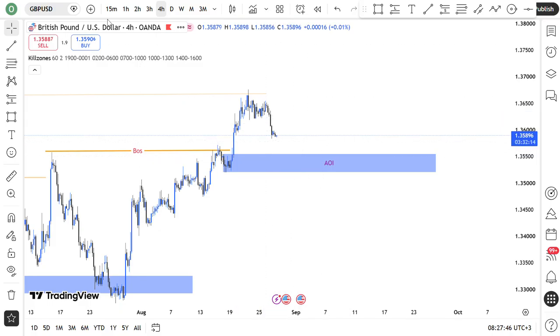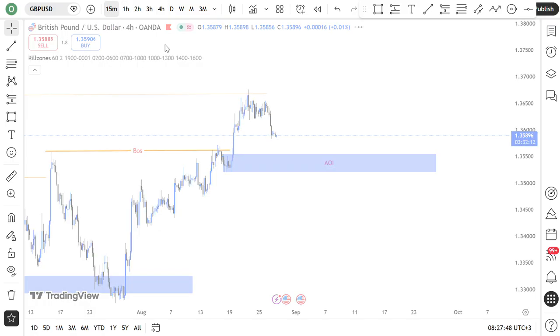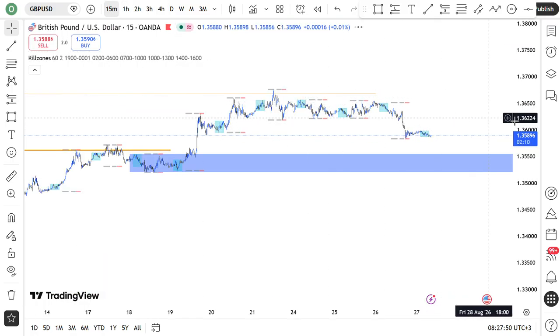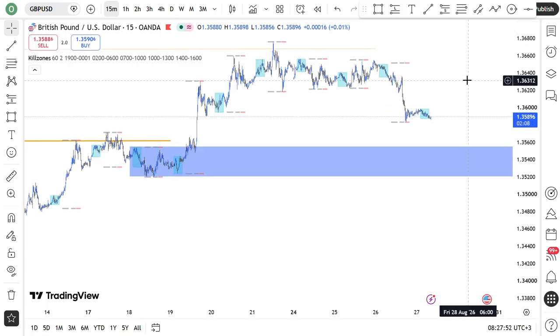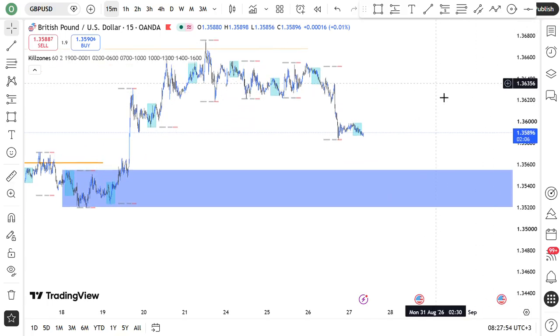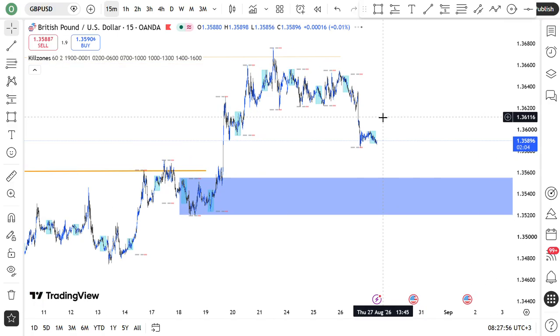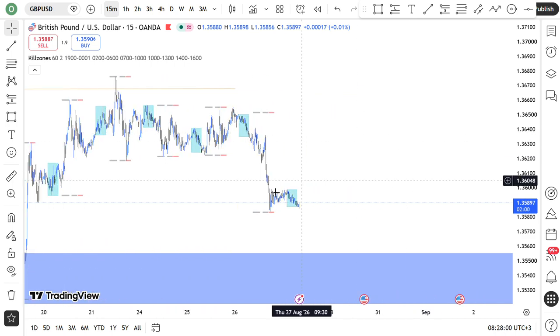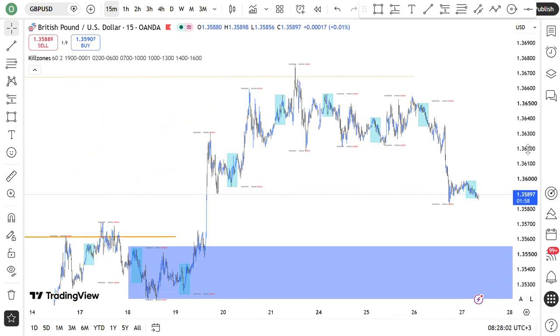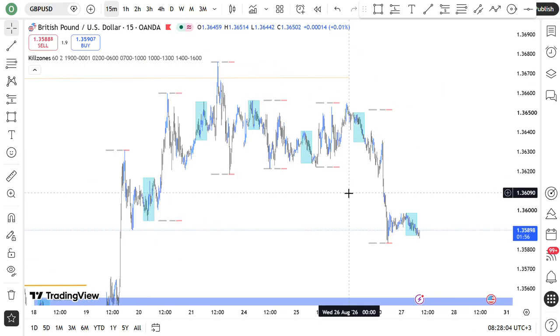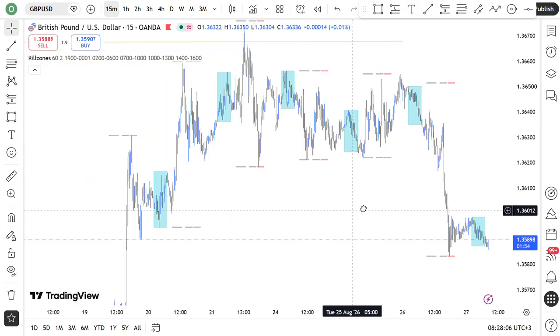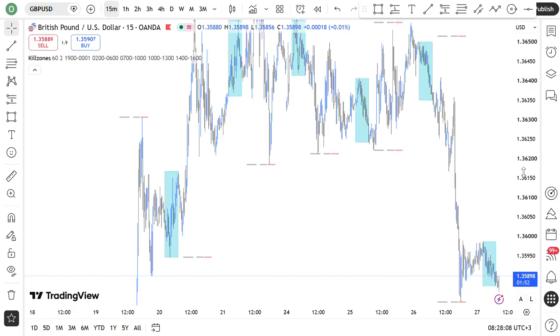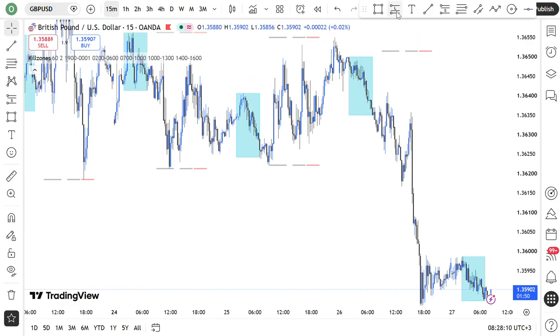We are going to drop down into a 15 minutes time frame so that we can see clearly how this move is coming in. From a 15 minute time frame, we are going to try to mark out a different market structure because this is a different time frame, which is a lower time frame. So we can see clearly that the market is trying to trade bearish, giving us this recent break of structure.